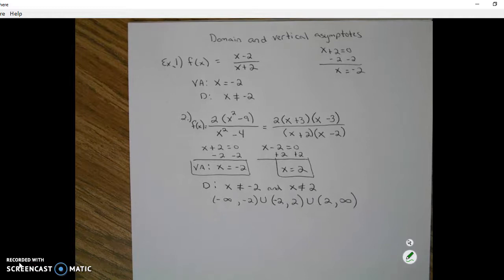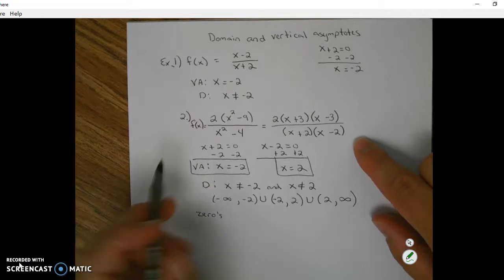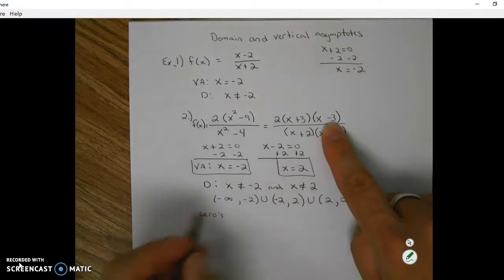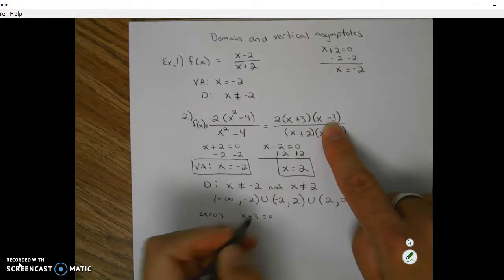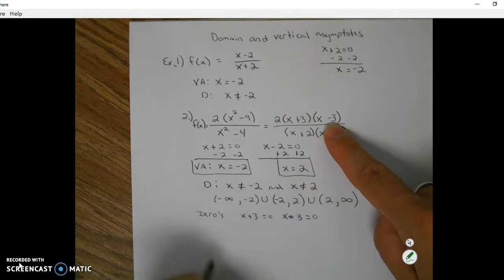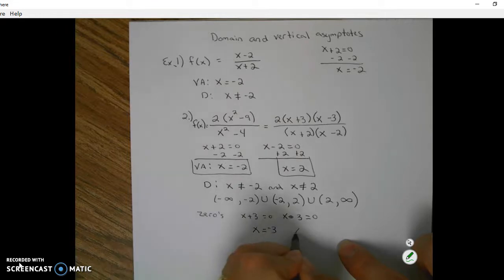Now a little bonus here. To find the zeros, we would take your two factors at the top, x plus 3, set it equal to 0, x minus 3, set it equal to 0. So we would have a 0 if we solve for x. We have a 0 at -3, and we also have a 0 at 3.